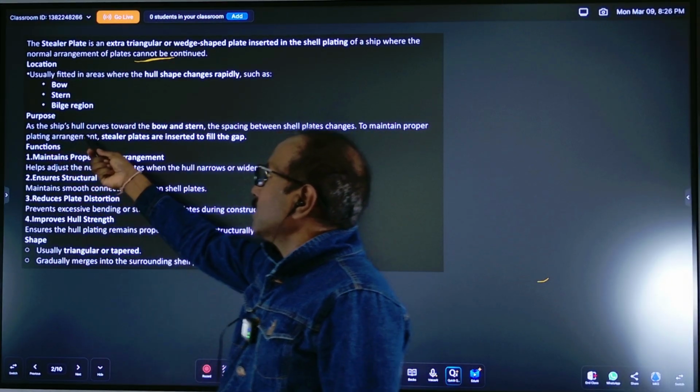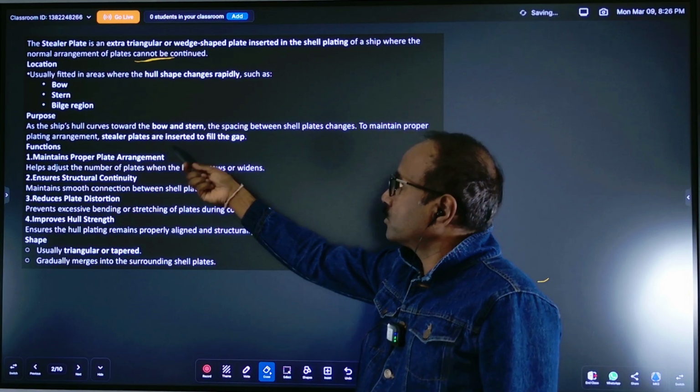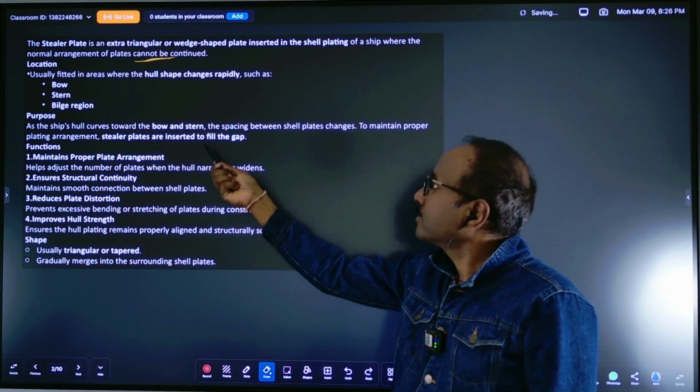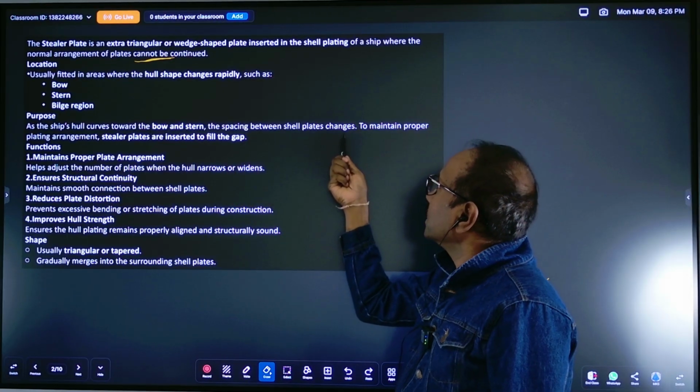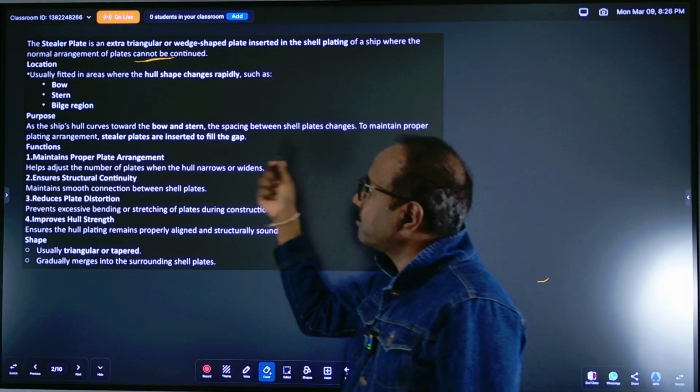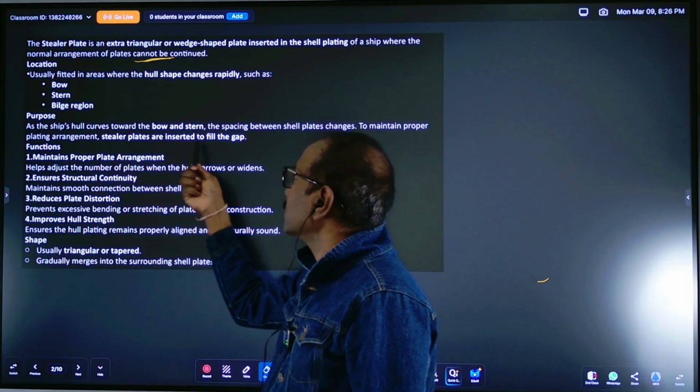Purpose: as the ship's hull curves towards the bow and stern, the spacing between shell plates changes. To maintain proper plating arrangement, Stealer plates are inserted to fill the gap.